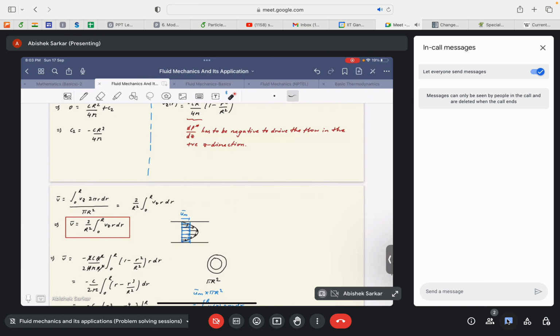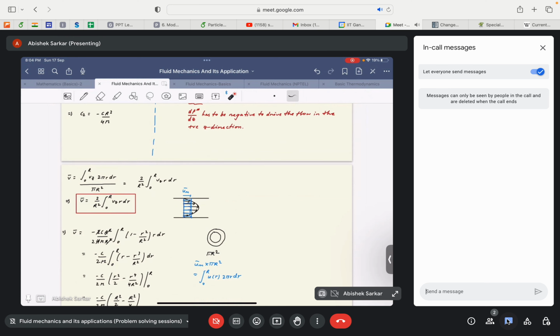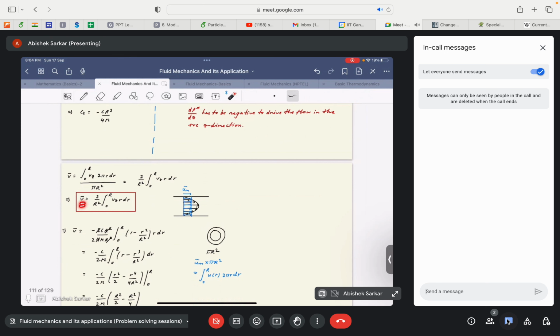Again, I will go through this. This is the very definition of the average velocity. I won't go through the derivation, to save time.